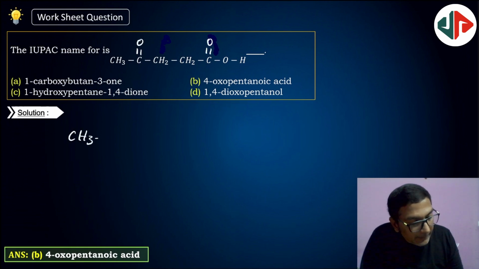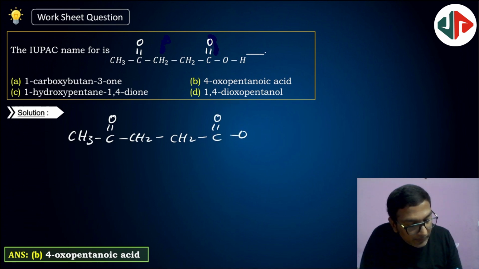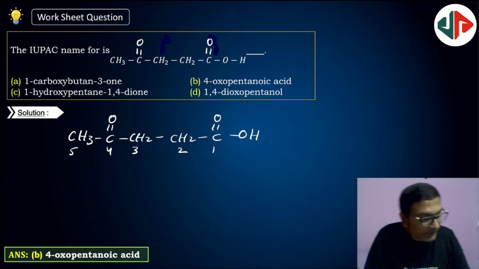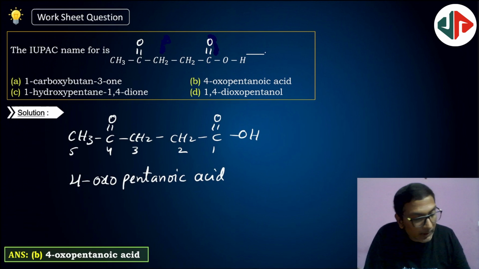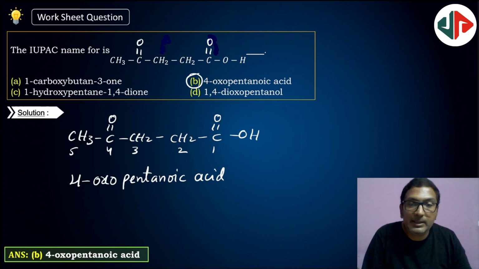That means CH3, CO, CH2, CH2, COOH, numbered 1, 2, 3, 4, 5. So the total is 5 carbons, with a 4-oxo or keto group: 4-oxopentanoic acid, option B. The main functional group is COOH, and CO becomes a substituent, 4-oxo or keto.